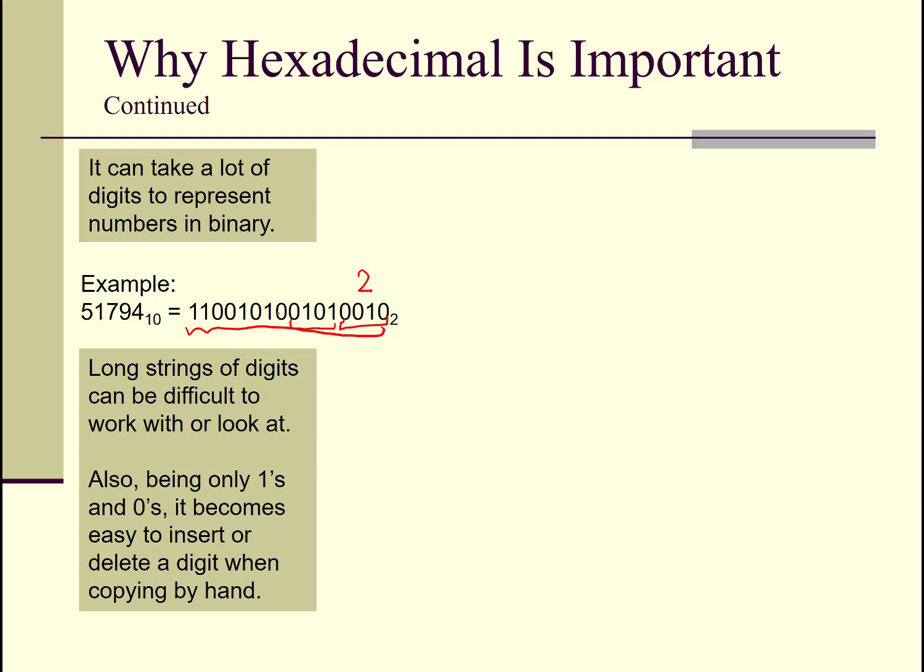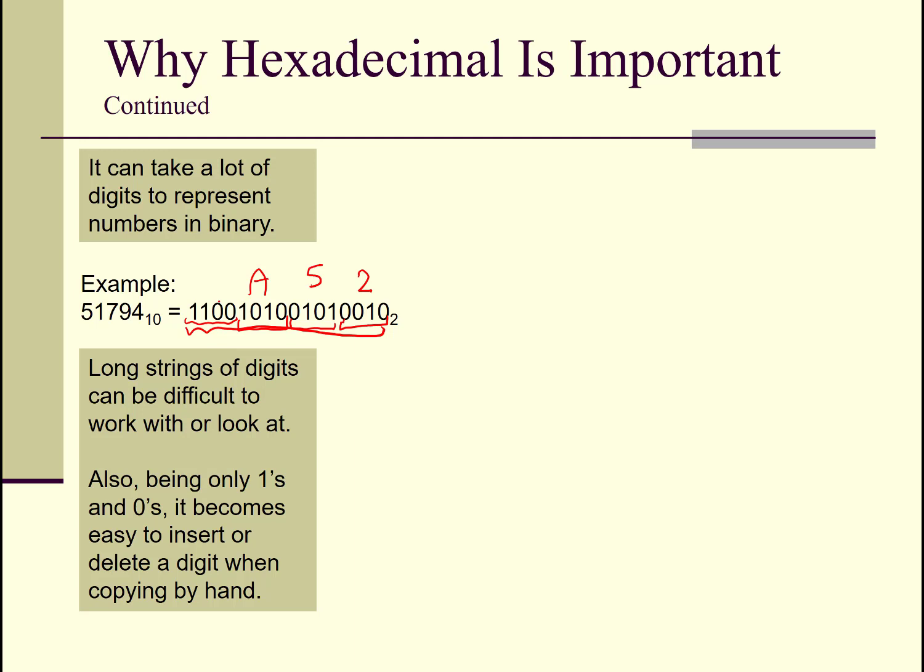Next 4 digits, it's 0101, this is 5, so I'll write 5 here. 1010, which I think we found when we started representing binary in this video, is 10, right? But 10 in hex is A, right?